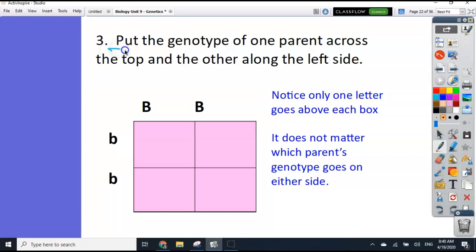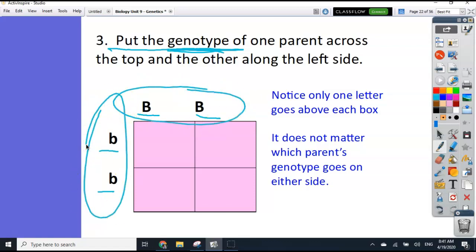So it says put the genotype, remember those are the letters, the genes of one parent across the top. So I'm going to put big B, and then the other along the left side, little b, okay? So this right here, this is mom, this is dad, okay? So only one letter goes above each box.